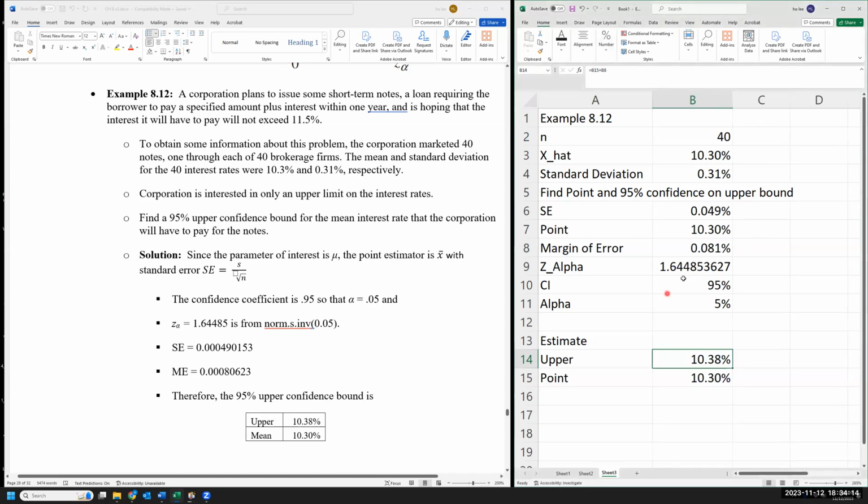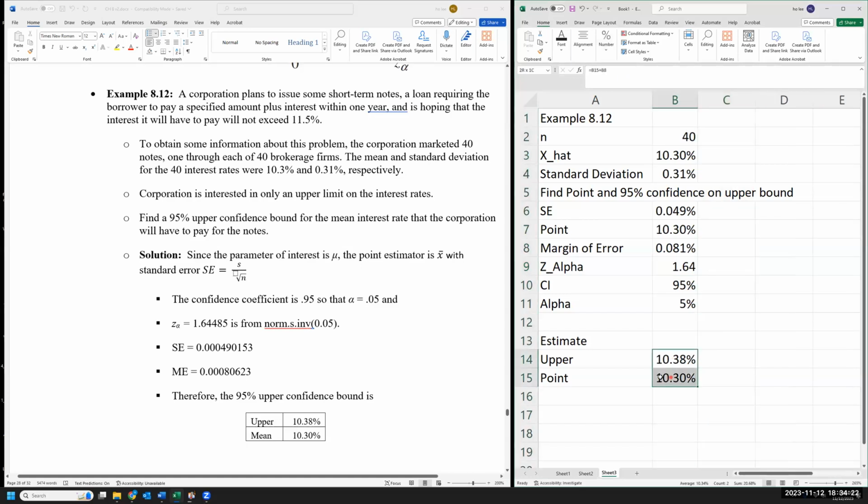Let's make sure this is correct. That's right there. Yeah, 10.38%.